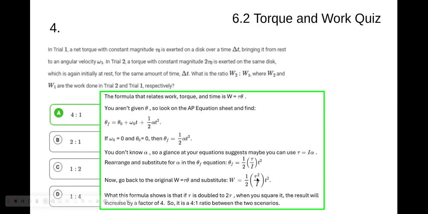And it's not just times 2, it's 2 tau squared. So you square this 2 and you're going to get 4. So situation 2 is going to be 4 times bigger. And the answer that shows a 4-to-1 ratio with W2 versus W1, you've got to put them in the right order, 2 versus 1. The answer is A, 4-to-1 ratio.